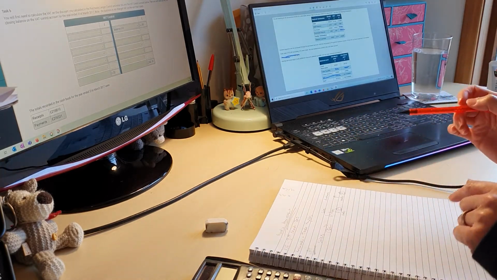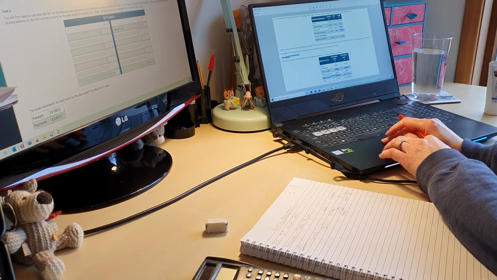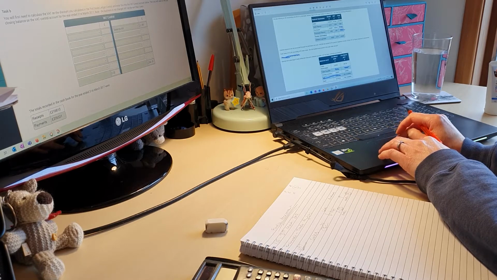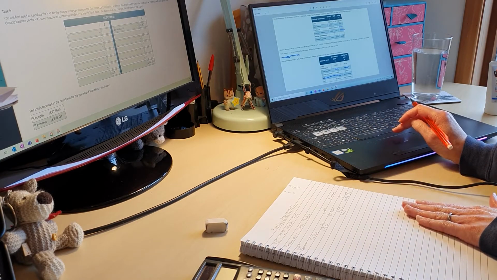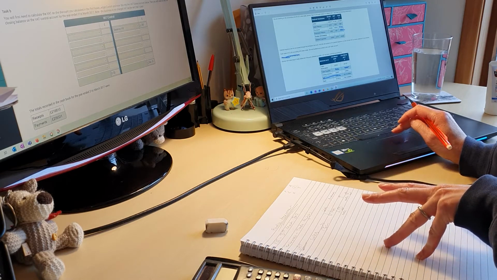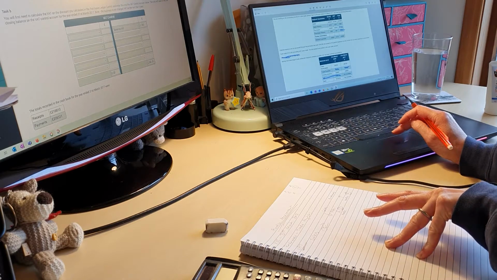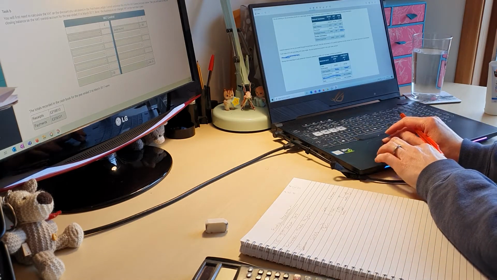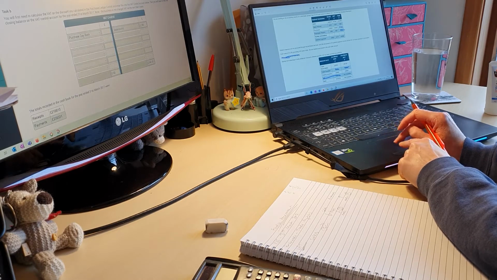So if we think about it in terms of this one here, the purchases daybook went on that side, then the purchases and that goes on that side, yeah. So we're gonna have purchases daybook.